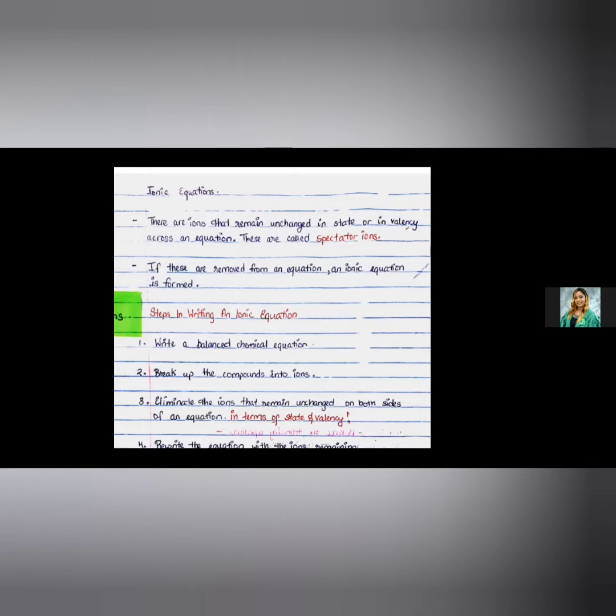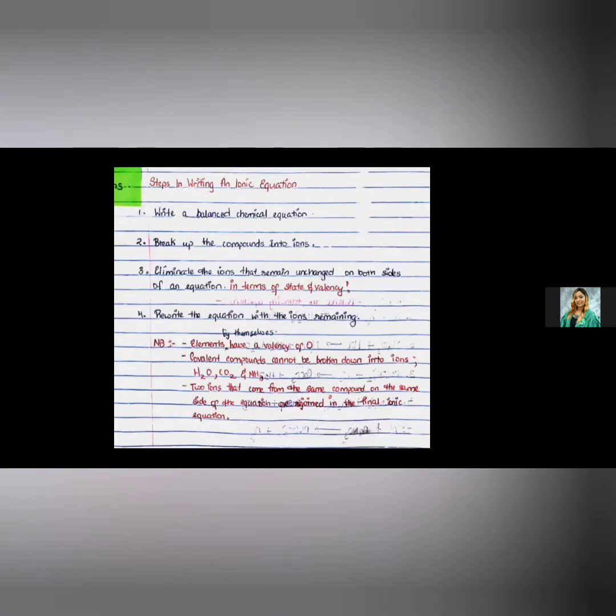So we have some steps to write an ionic equation. Step number 1, you need to write a balanced chemical equation for your reaction. Everybody here successfully knows how to do this by now. Step number 2, break your compounds down into ions. There is a table that I'm going to give you that's going to have all your elements, all your radicals, and their respective ions attached to it.